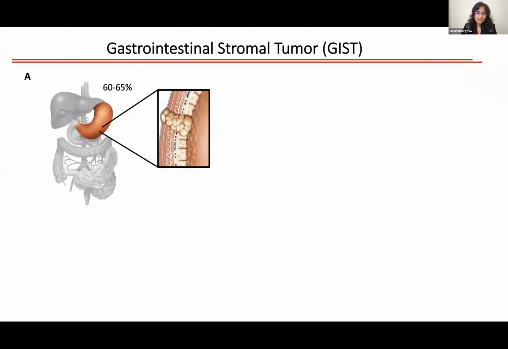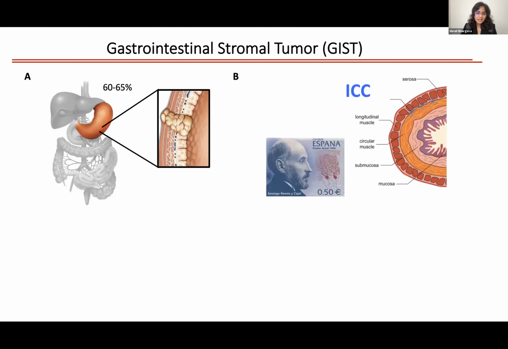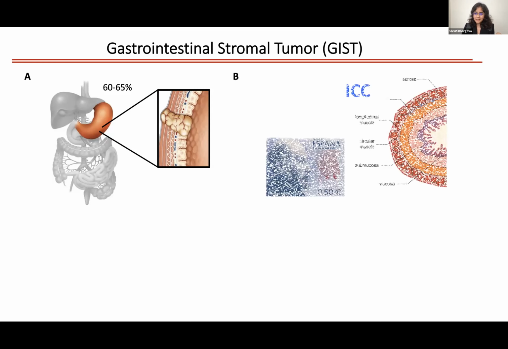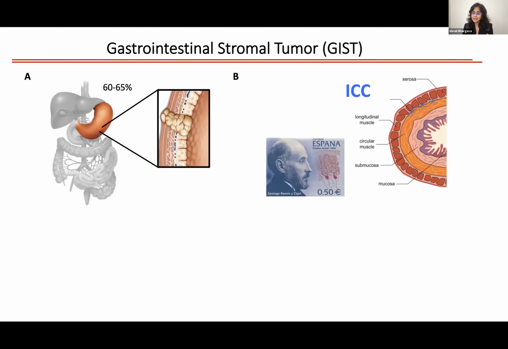Now, as we were going through the introduction of GIST for the previous few days, I'll just give a very, very basic refresher. We know that GIST, or gastrointestinal stromal tumors, are predominantly present in the wall of the stomach. Secondly, the cell of origin of GIST is thought to be ICCs, or interstitial cells of Cajal, named after a famous neuropathologist, Cajal.